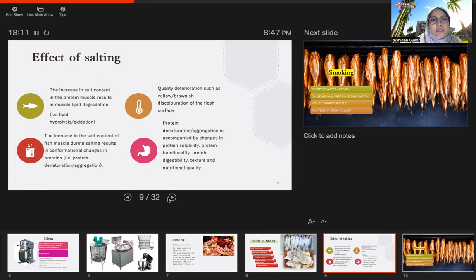Okay, quality deterioration such as yellowish and brownish color are also effects of salting. When we add salt to the food products, quality deterioration will happen, where you can actually see changes in the color. For example, it becomes yellowish, it becomes brownish, and there is also discoloration of the flesh surface.